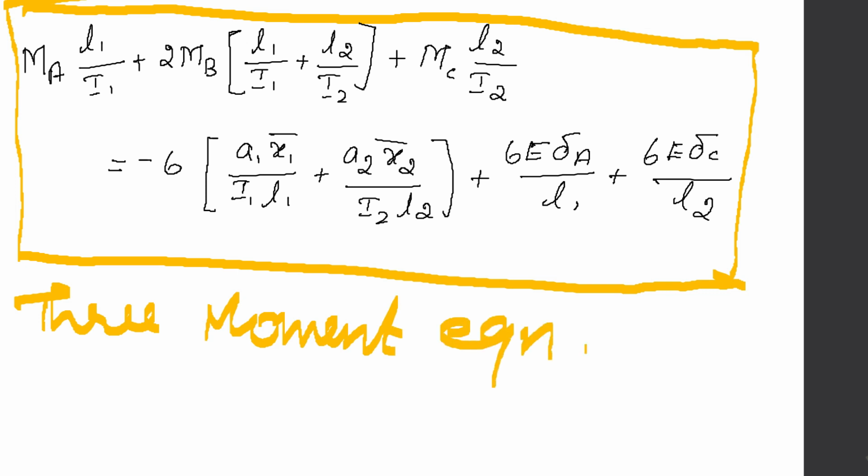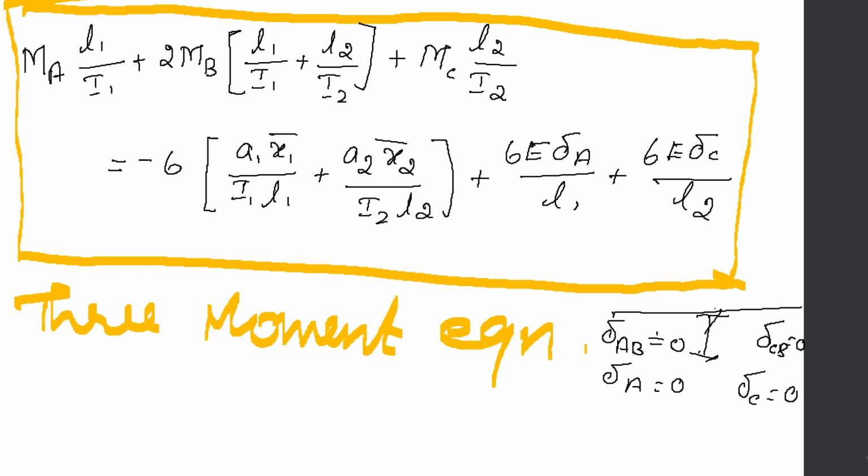Now, if the settlement is equal to 0, that is, if B is not settling, the support B does not have any deflection, then delta A with respect to B will be equal to 0 and delta C with respect to B equal to 0. That is, delta A will be equal to 0 and delta C will be equal to 0.